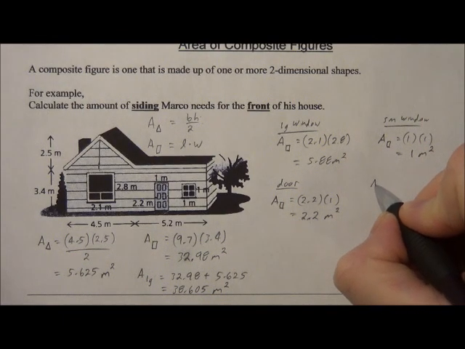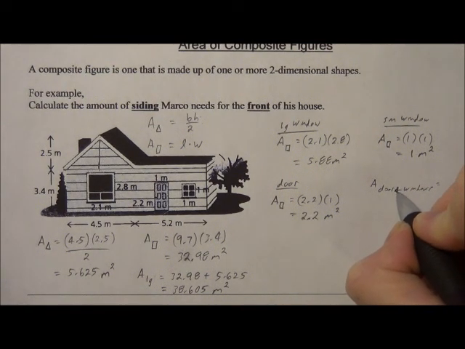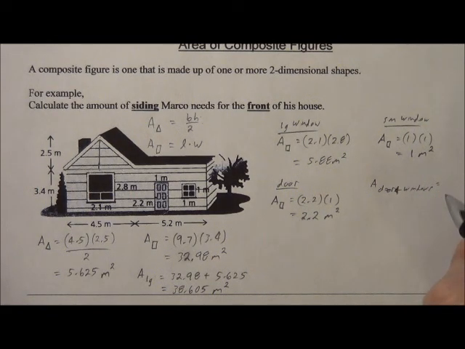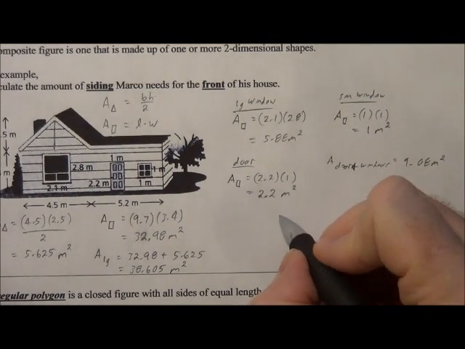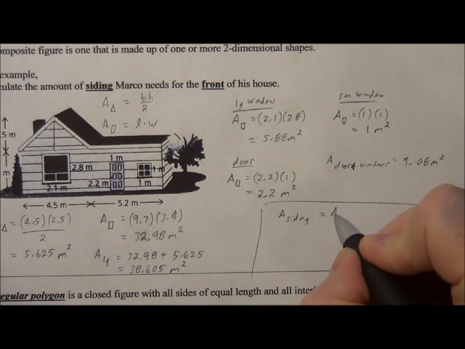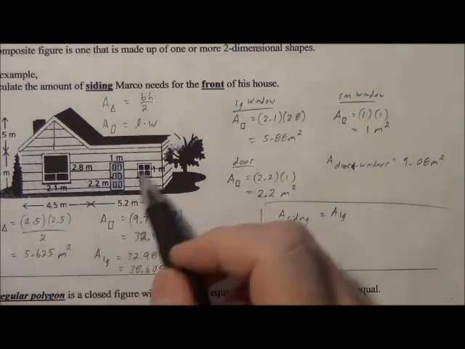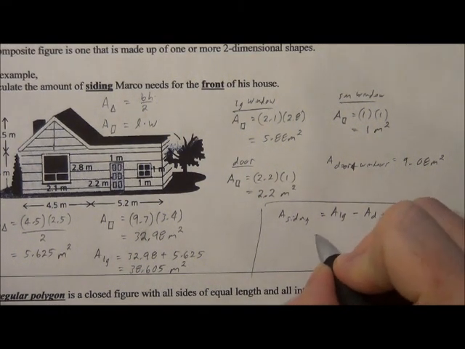So the area of door and windows, it's supposed to be a little ampersand symbol there, is going to be the sum of all of these. So 5.88 plus 1 plus 2.2 is 9.08 meters squared. And then the area for siding is going to be the area of the whole front of the house, like I've done before, minus the area of doors and windows.